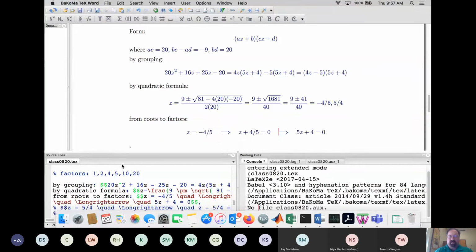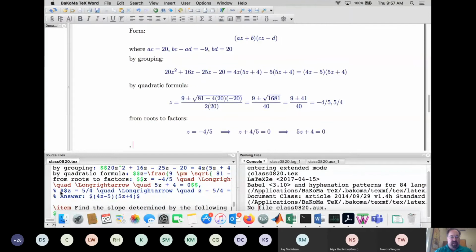Actually, I can go further. I can multiply both sides of this equation by 5, and I get 5z plus 4 is 0.